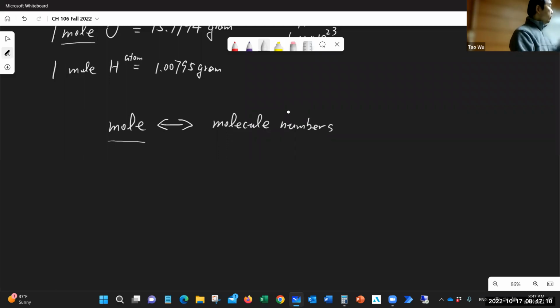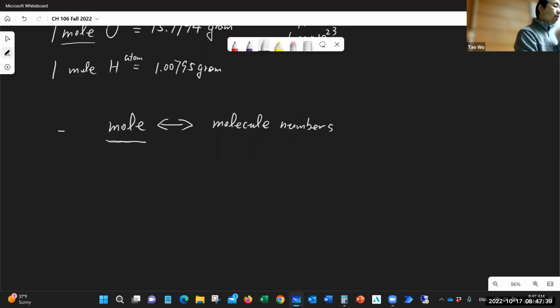If we have 2 moles of molecules, how many molecules are in there? It's 2 times 6.02 times 10 to the 23rd. So generally we can convert the moles of molecules to the number of molecules. That makes sense, right?